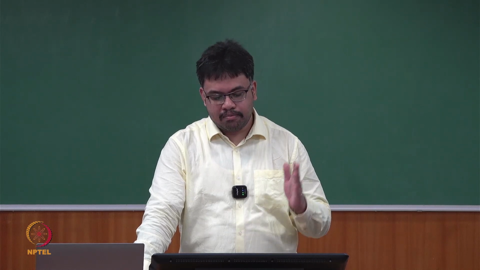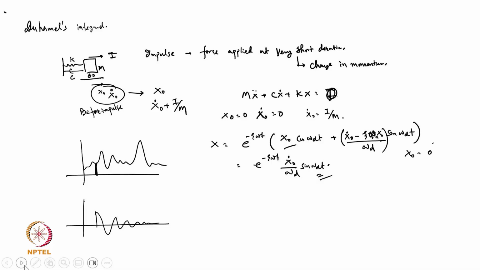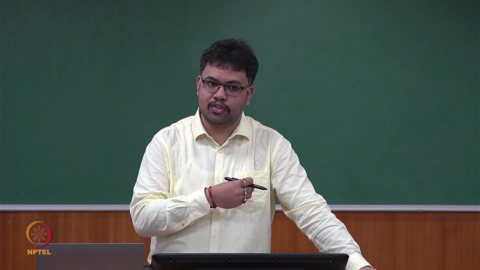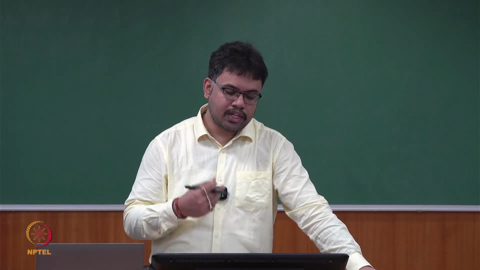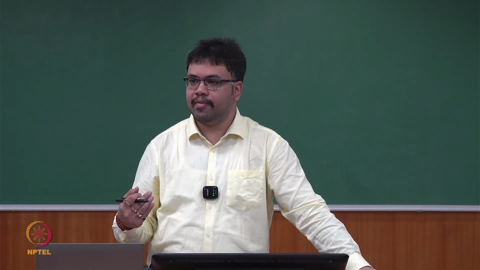Change of momentum means that if the impulse amount is I and the mass is m, then the change of velocity will be I divided by m. Assuming the velocity was 0, the change of velocity will be I by m.